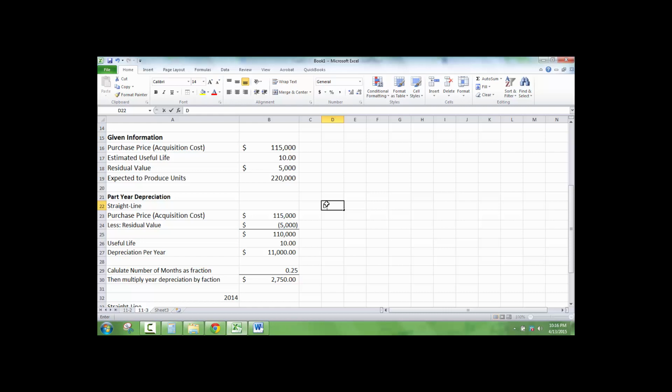Now, if we did a double declining balance for a part year, our DDB rate equals 1 divided by 10 times 2, or 20%.